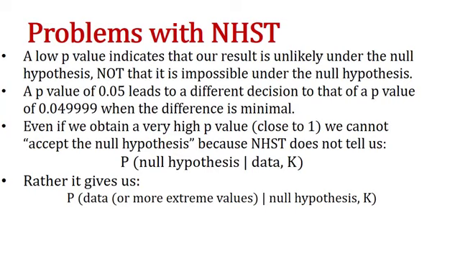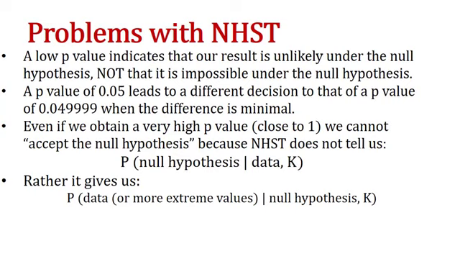The third one is that even if we obtain a very high p-value, for example close to 1, we cannot accept the null hypothesis. And that's because of the procedure I explained in detail. So basically, if we use a probability notation, what we typically want in order to say something about the null hypothesis, to provide evidence in favor of the null hypothesis, is the probability of the null hypothesis being true given the data and background knowledge.